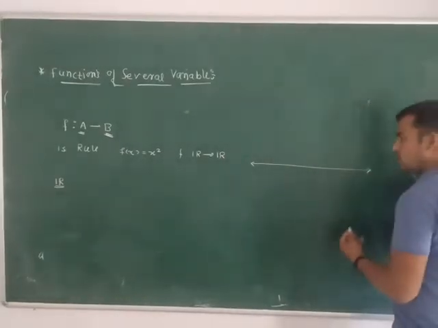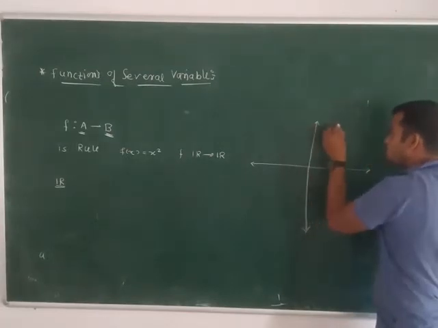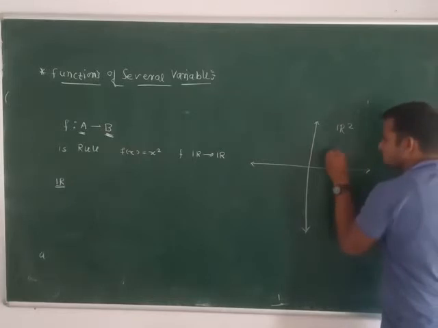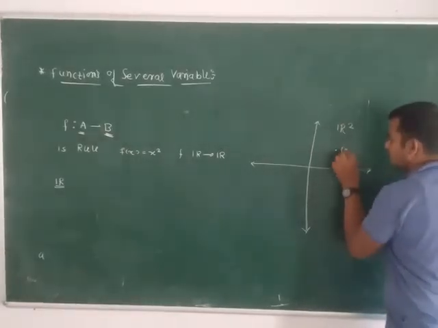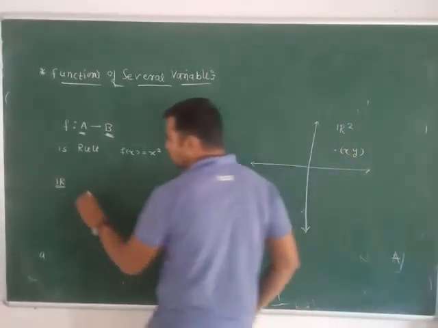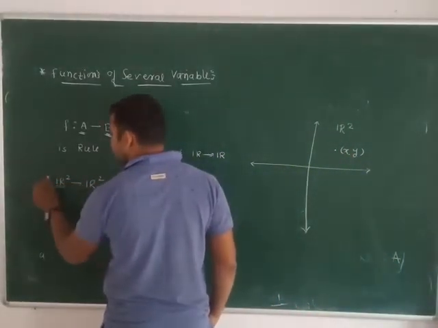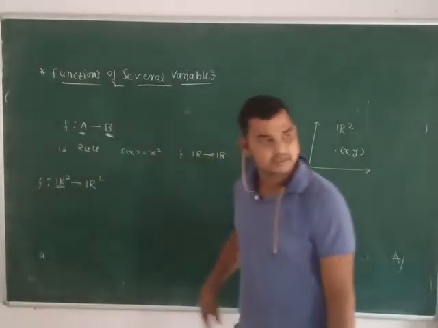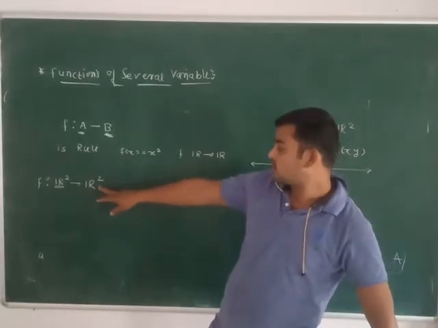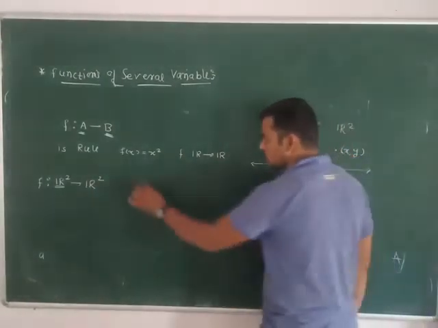Now if I have a cross like this, then this is R2. If I consider this point, it has coordinates x and y. If I define the function from R2 to R2, by the same rule, for every value of A there is a unique value in this set R2, then this is called a function of several variables.